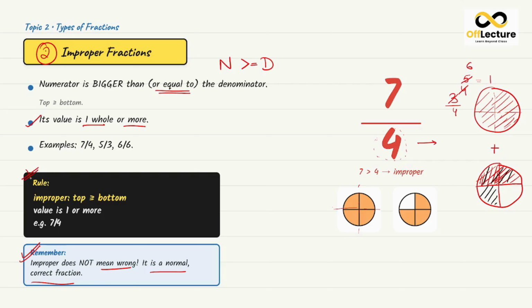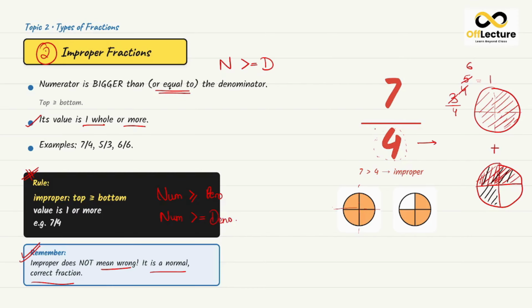And the rule to remember for improper fraction is that the numerator will be greater than or equal to the denominator. Either you can write it like this, or you can write numerator is greater than or equal to denominator.